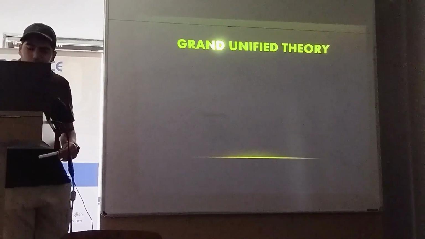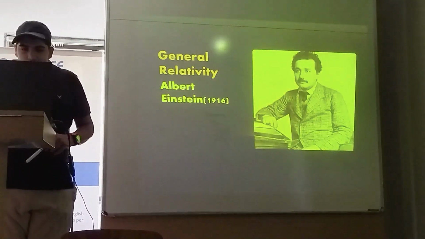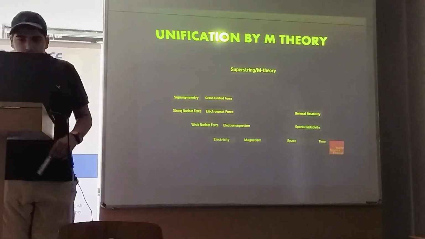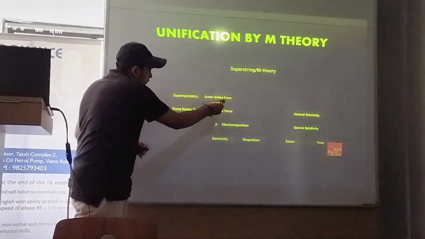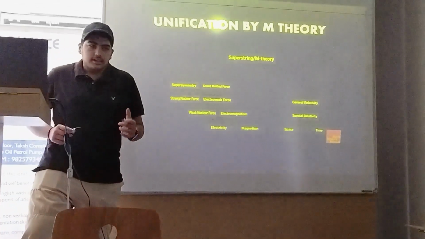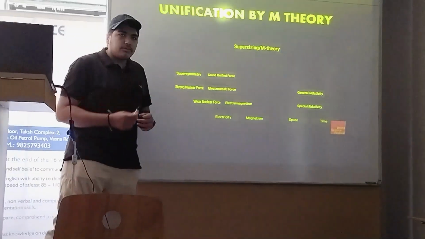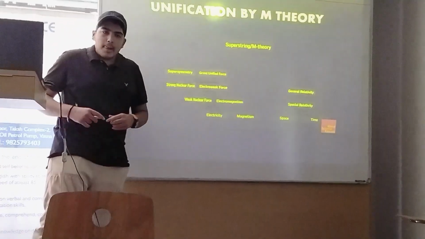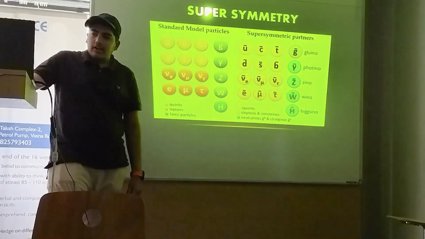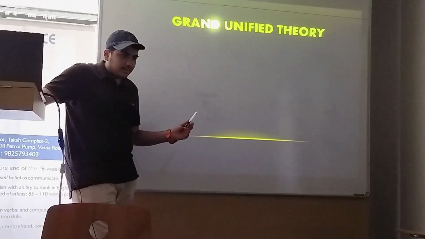Now we go to the unification of the grand unified force. We need a grand unified theory, a grand unified quantum theory. But unfortunately, at this time, we have reached a dead end.